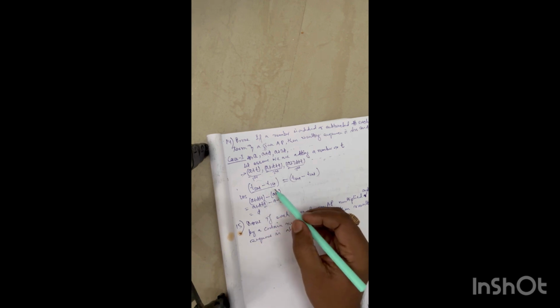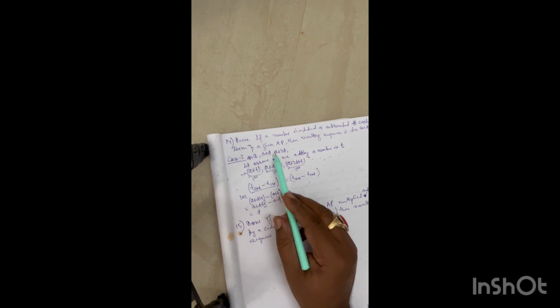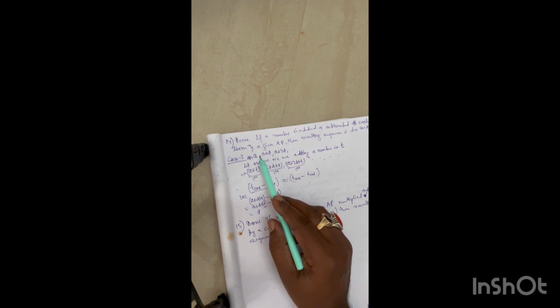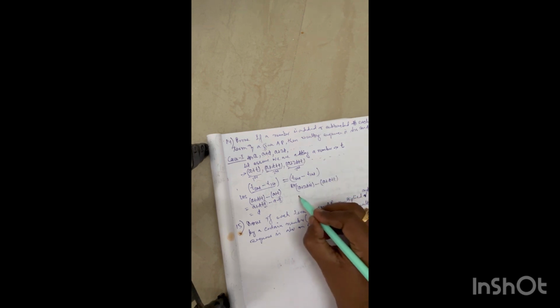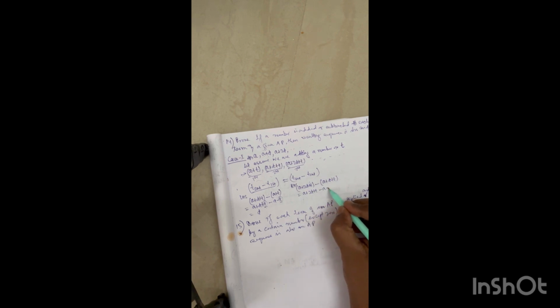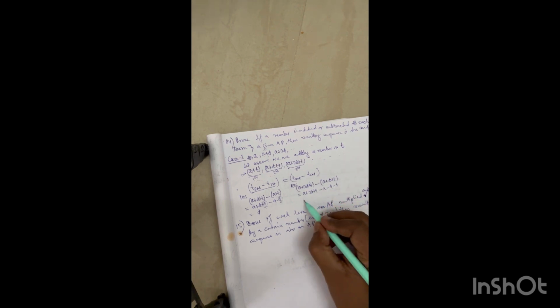Let me do the right hand side also so that it will be more clear to you. The third term, a plus 2d plus t, minus a plus d plus t. In a similar way, if I remove the bracket, I again get d.